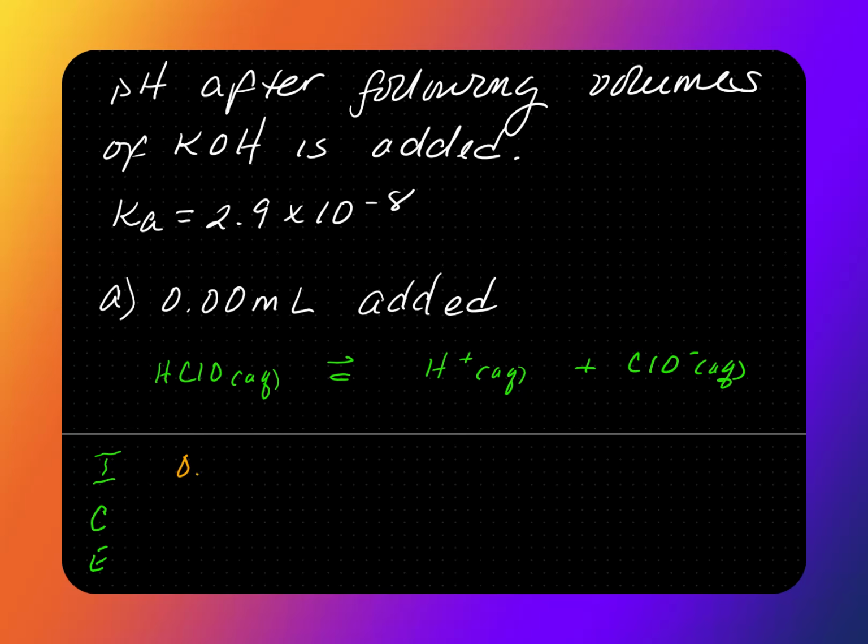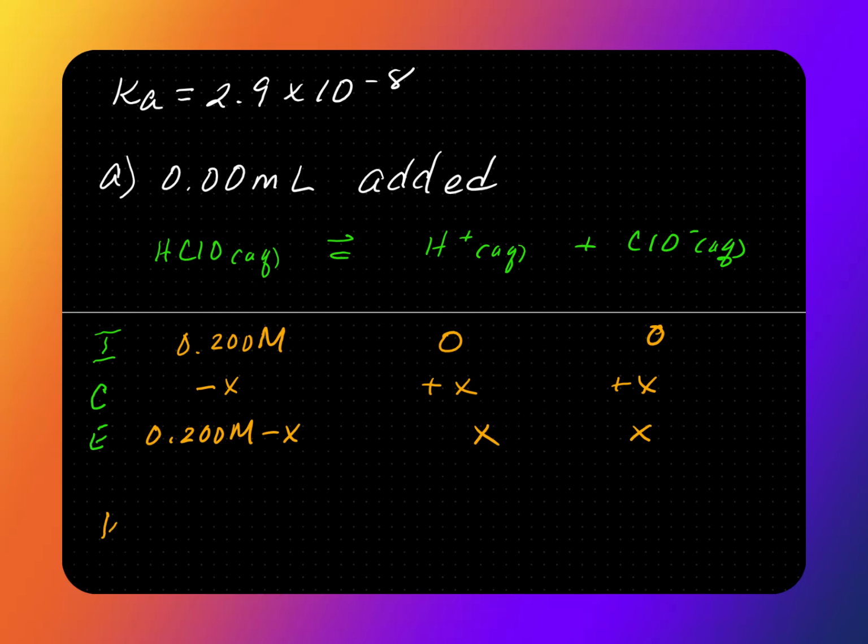We started with 0.200 molar of HClO. We have no H plus and no ClO minus. Minus X on the reactants, plus X on the products. Equilibrium is the addition of I and C, so 0.200 molar minus X, X, and X. So my Ka is products over reactant, which is H plus times ClO minus over HClO.